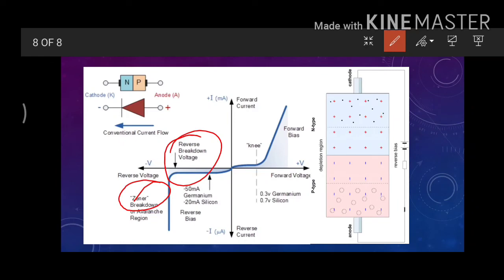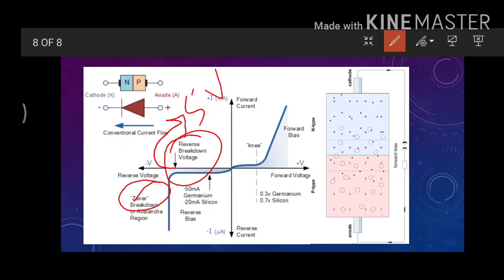By doing that, we create a Zener diode which works in reverse biased condition. We normally make it work at 5 volt, and we use it in voltage regulators. For example, the 5 volt, 9 volt or 12 volt ICs we buy are all made on the principle of the Zener diode.